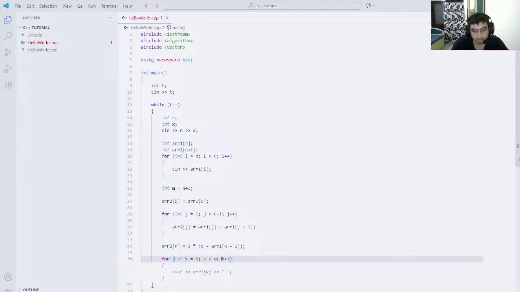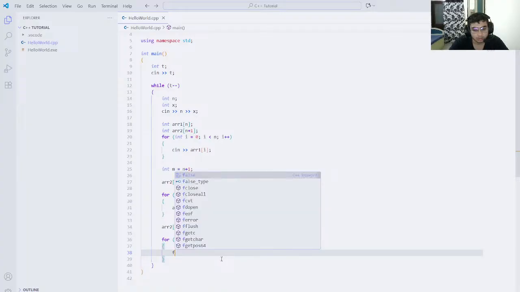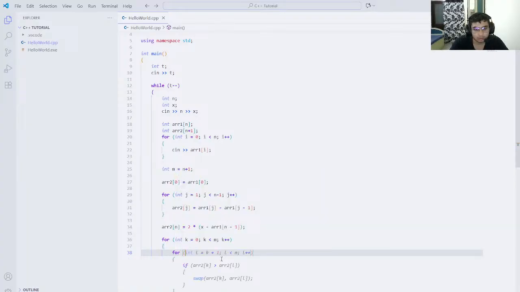A plus plus, for n is equal to a plus 1.